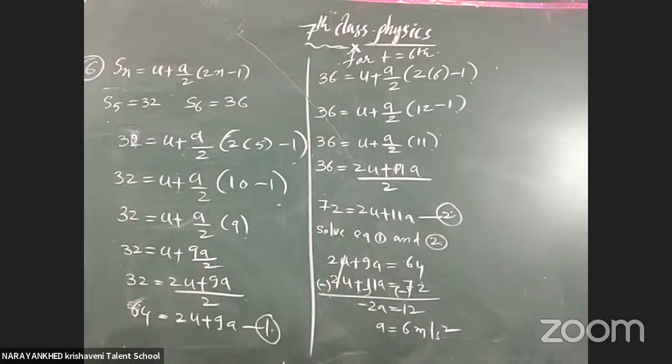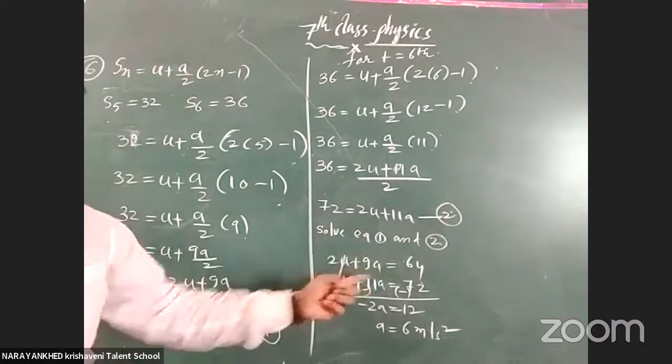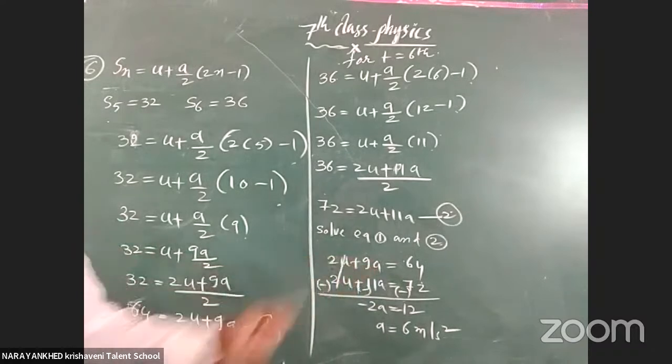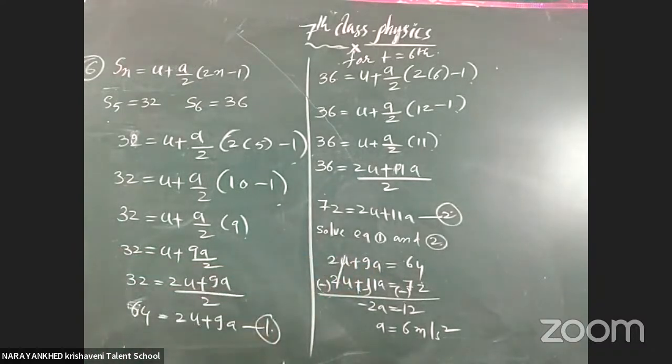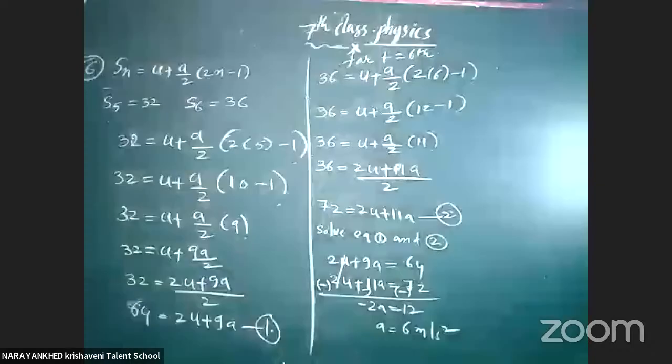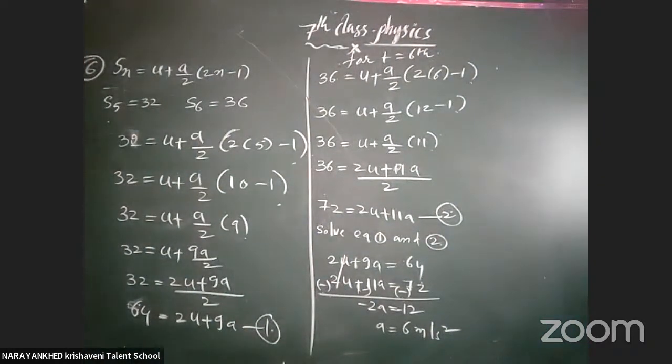There is an option for acceleration; it is given for us. Now you have to find the next component: velocity. Substitute the a value in any one of the equations and you get the velocity value. Got it? Please note down up to here.